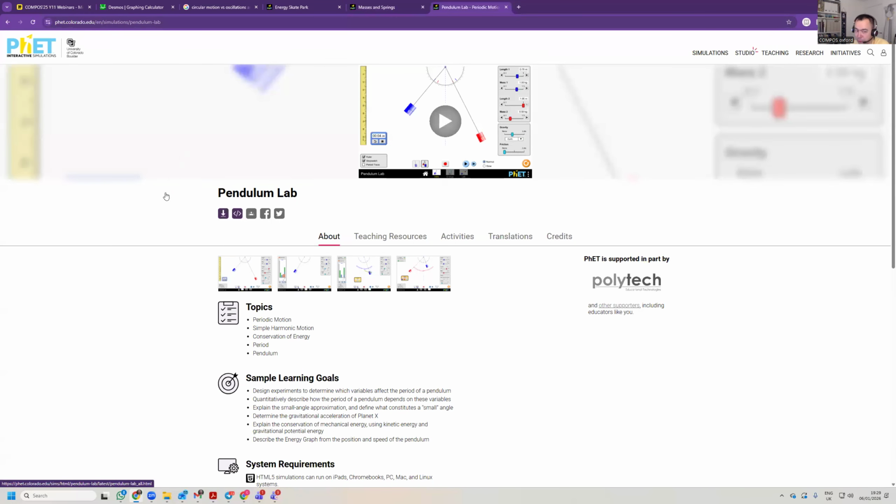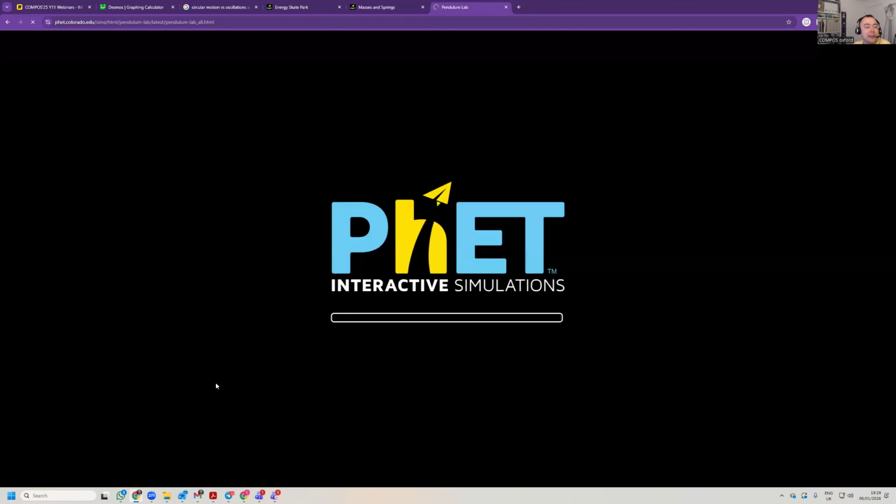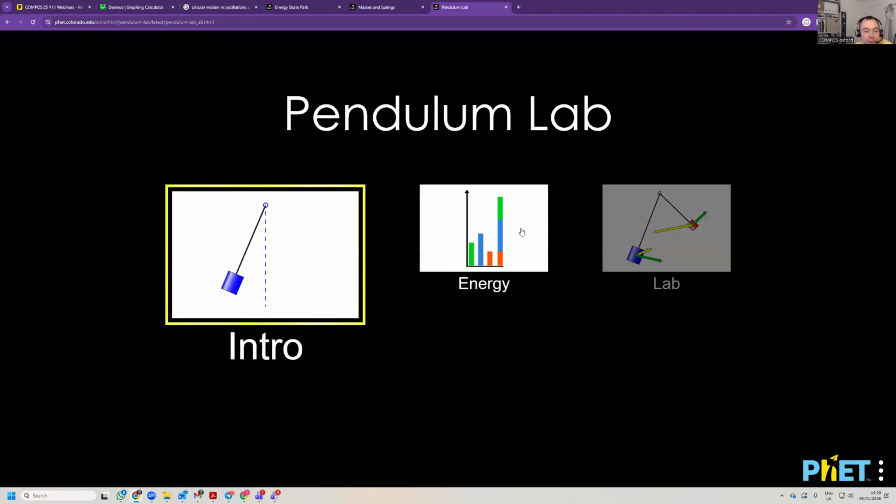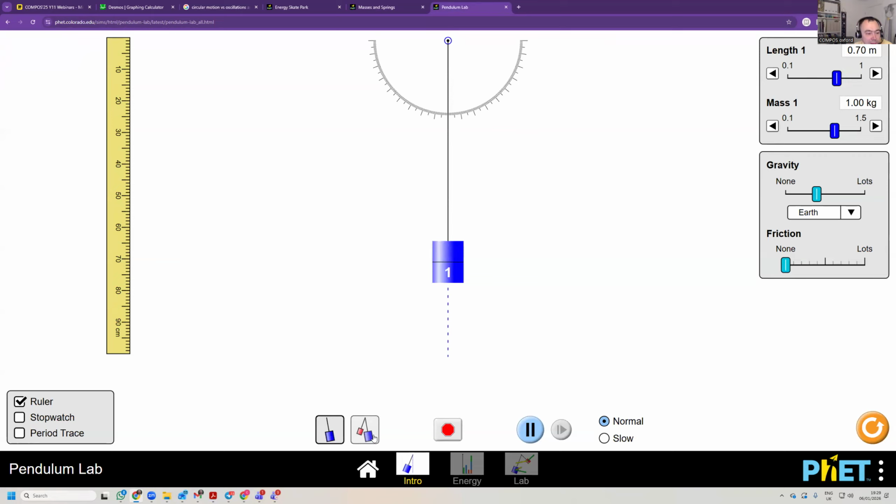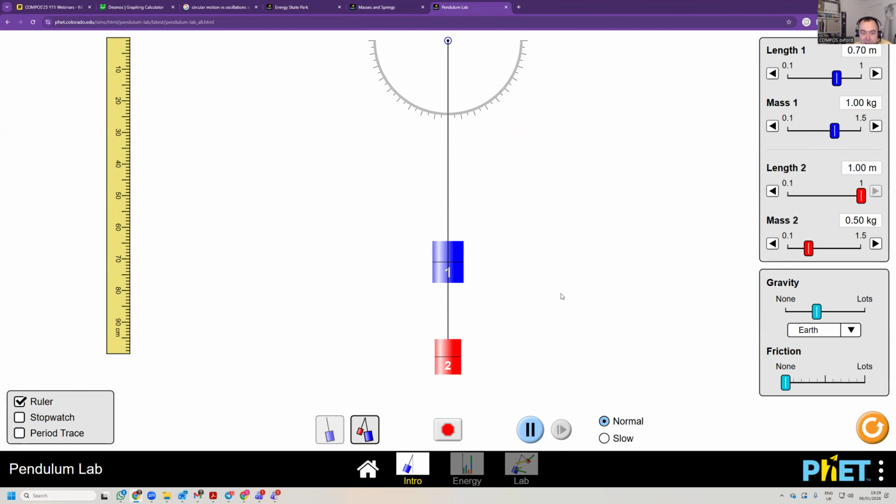Now, one more interesting thing I wanted to show you is this. If you have two pendulums with the same length, one is 1.5 kilograms and the other is 0.1 kilograms, so the red one is much lighter.